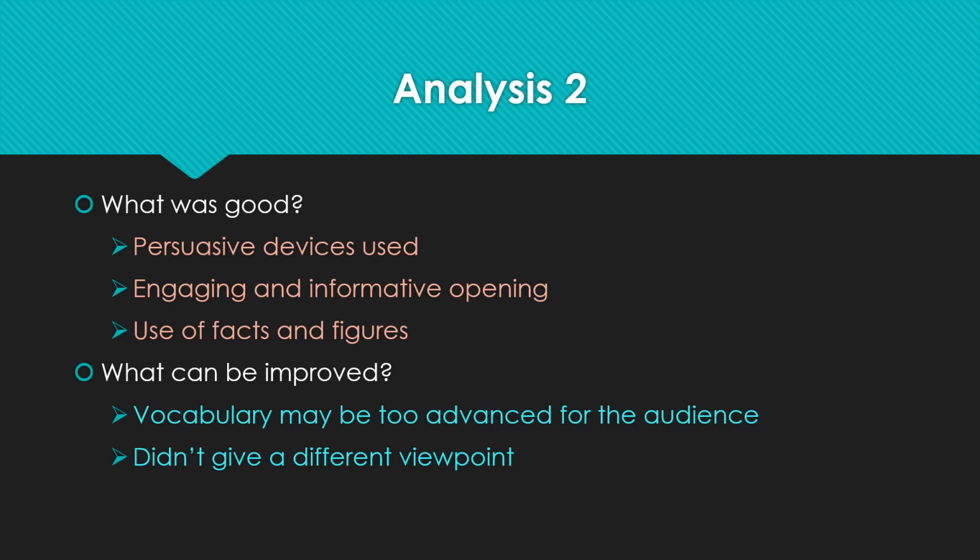The vocabulary may be too advanced for the audience. You have to remember who this was aimed at. This was aimed at your school newspaper, which means people from year 7 up to the teachers will be reading it. You need to find out how to word it in such a way that everyone understands it. What can be improved as well is they didn't give a different viewpoint. Like example answer 1, it only gave one side of the argument.